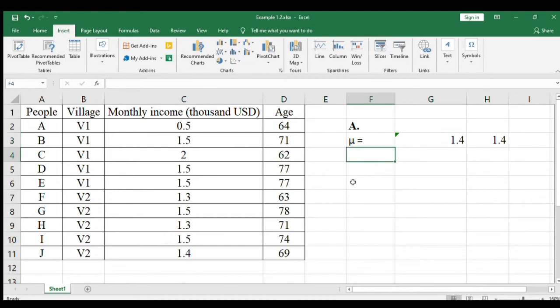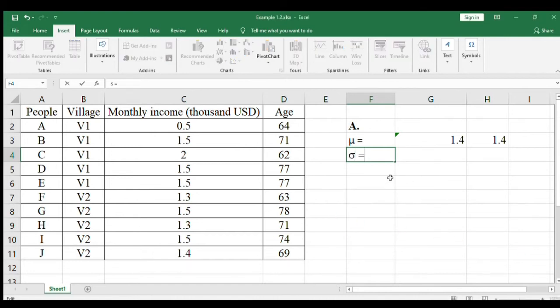Next, we calculate the standard deviation of the income of all the people living in village V1. In this case, we will calculate the population standard deviation, because we refer to all the people living in village V1, and the symbol of population standard deviation is sigma.